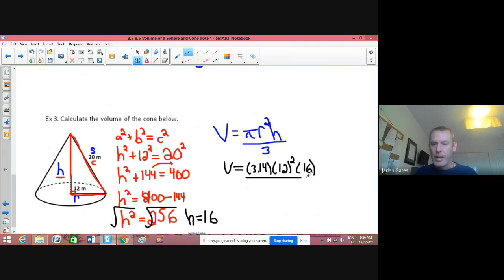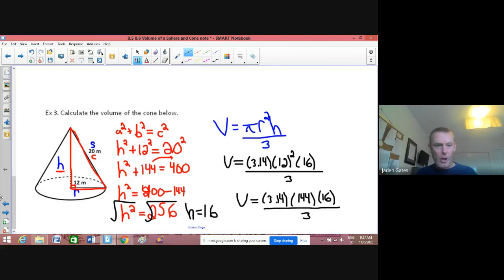And then finally divide by 3. All right, following BEDMAS, I got to do that 12 squared on the top. 12 squared is 144, times 16. And of course, divide by 3.